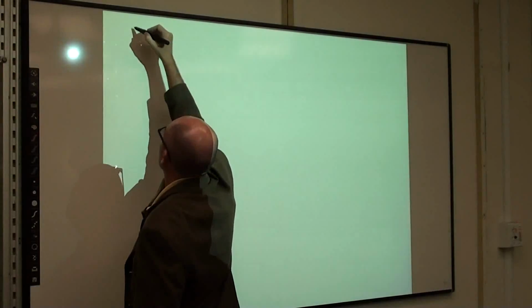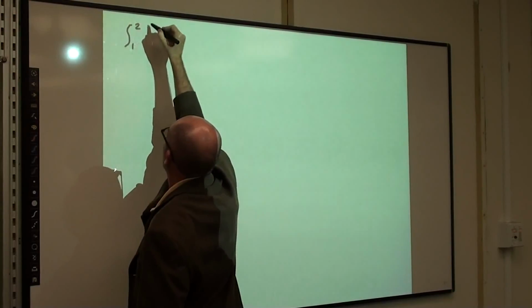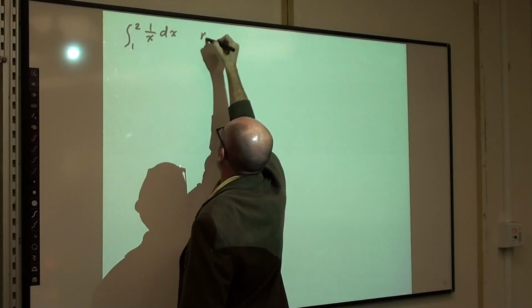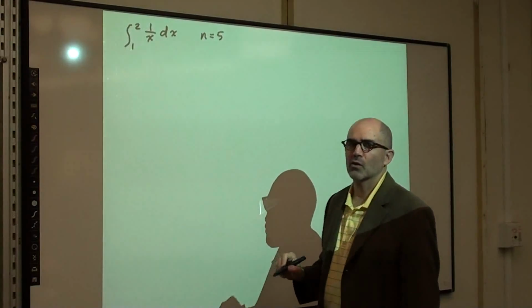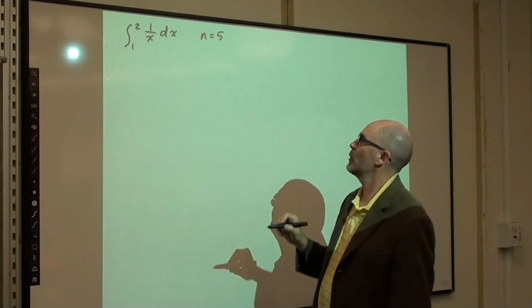All right, so we're going to do the trapezoidal rule and the midpoint rule with 5 rectangles to approximate the integral from 1 to 2 of 1 over x dx. Okay, now we could actually determine this integral, but we're going to use our approximation methods to do it instead.